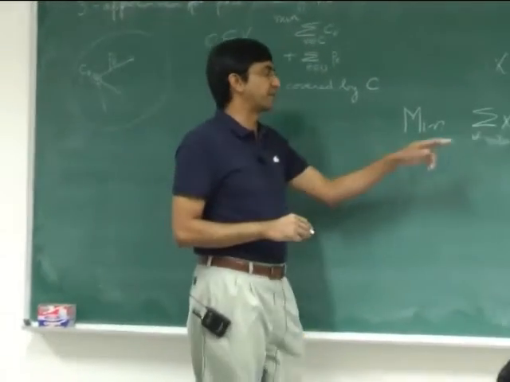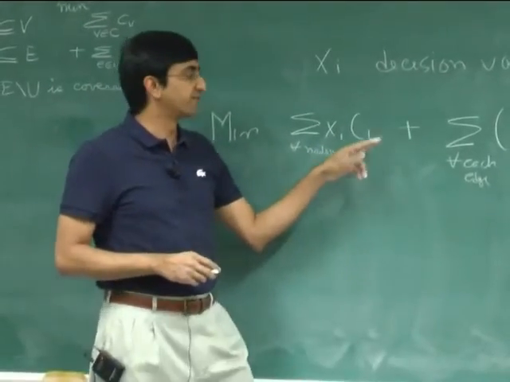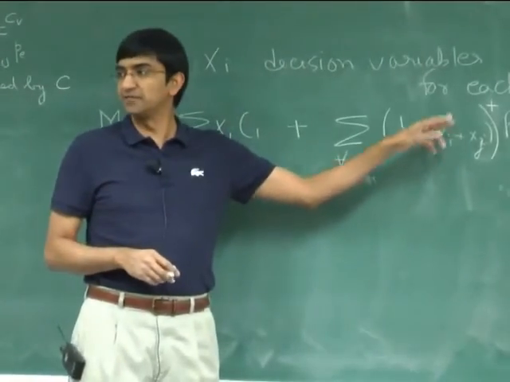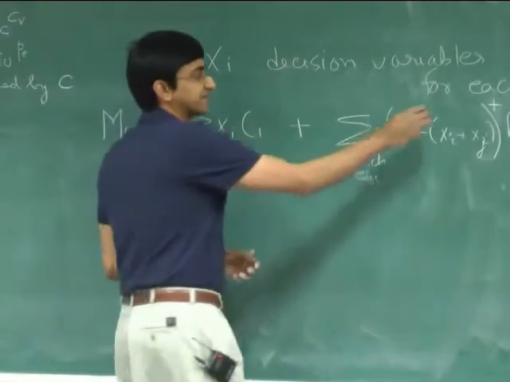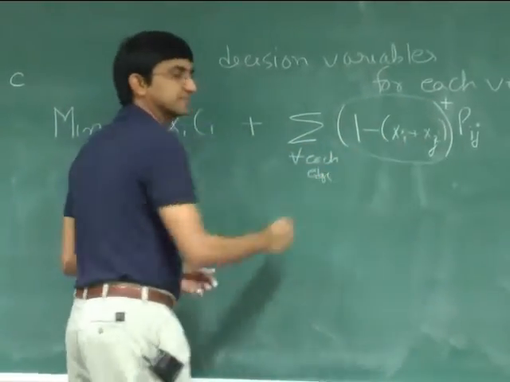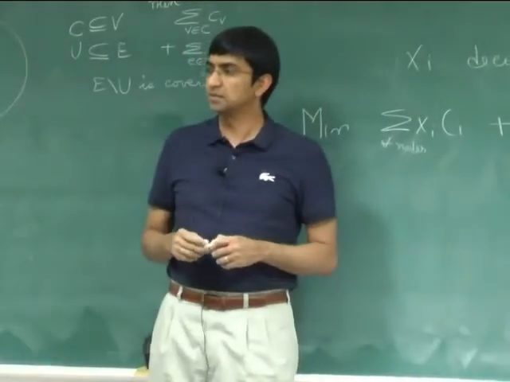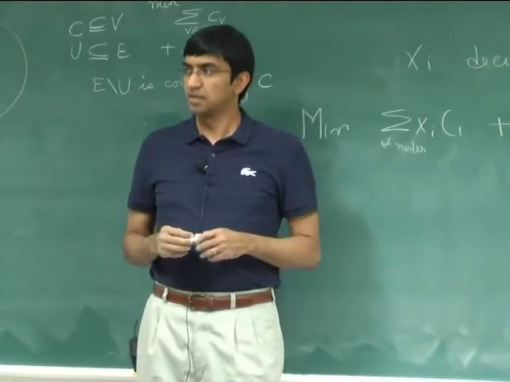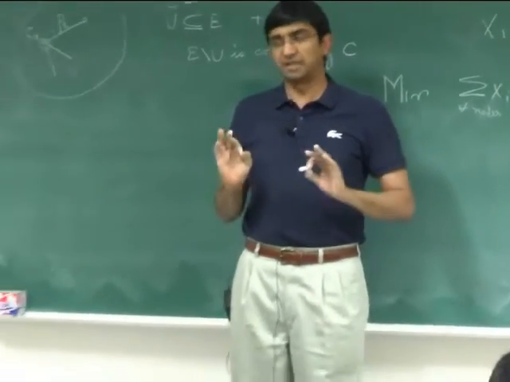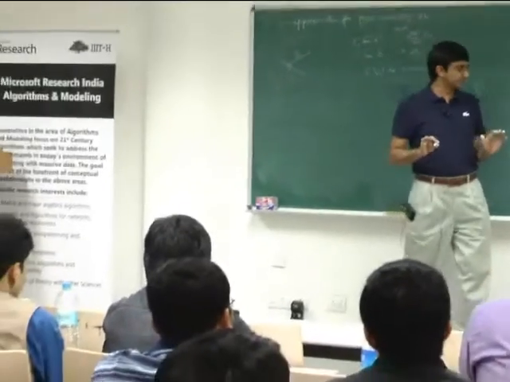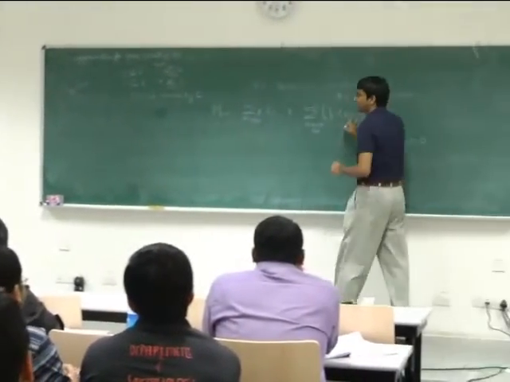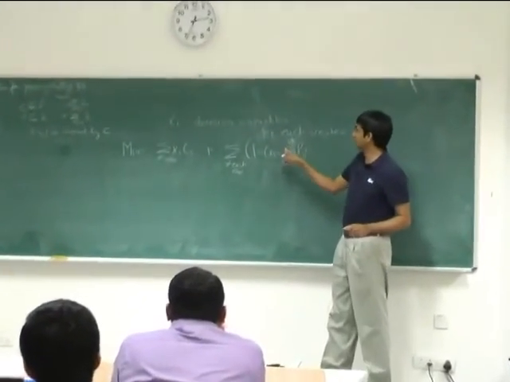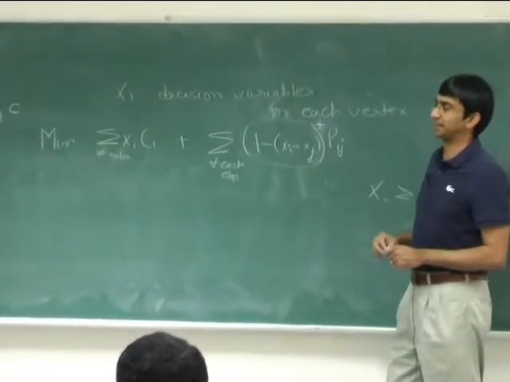Because you're paying for the nodes and for the edges which are not covered, at least. So how can we fix this? These are the two endpoints of the edge. That's right. But you realize the problem is that if both of them are 1, you have a problem, right? So how can you fix that?